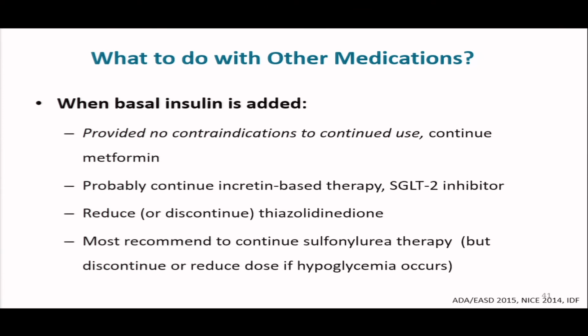Take into consideration whether your patients are suffering from hypos. If they are and they're on a sulfonylurea, dose decrease, if not discontinue. If you're starting to see tremendous weight gain or fluid retention and they're on a thiazolidinedione, please consider dose reduction or discontinue. But aside from that, there is no overt contraindication of the oral agents in combination with basal insulin.